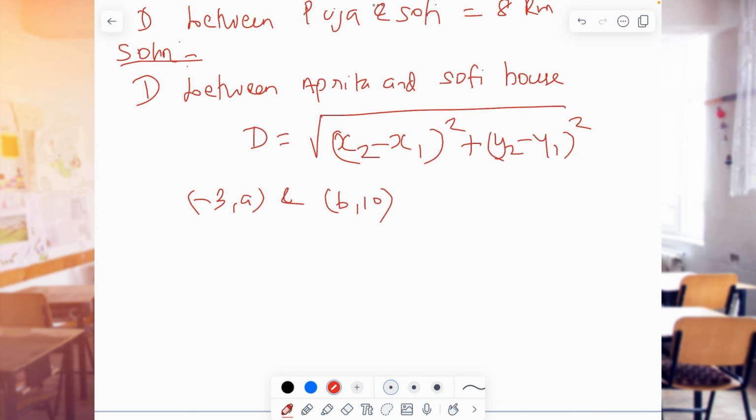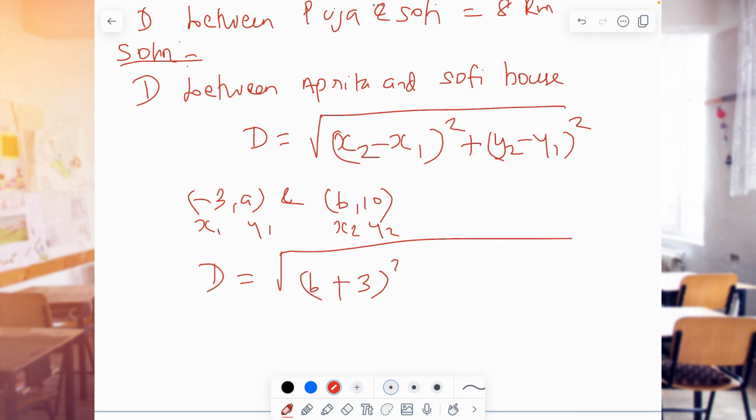So moving further, d is equal to, so this is x1 y1, this is x2 y2. Now substitute the formula. So x2 in the place b minus of minus 3, therefore it is plus 3 the whole square plus y2 minus y1 the whole square.